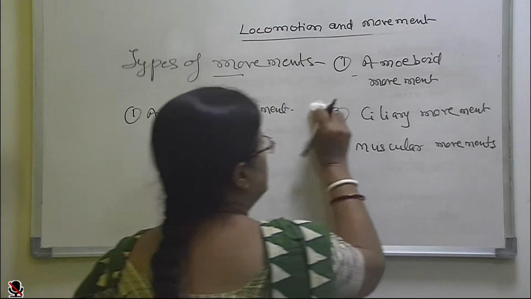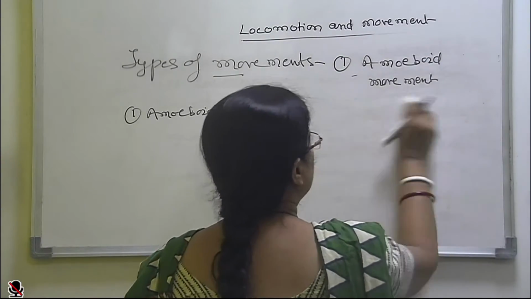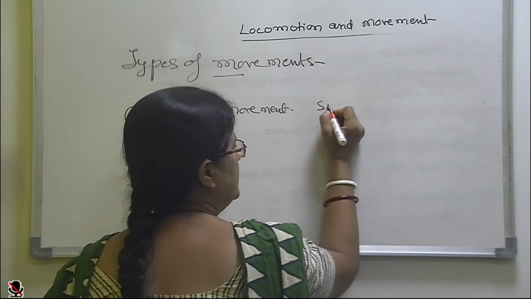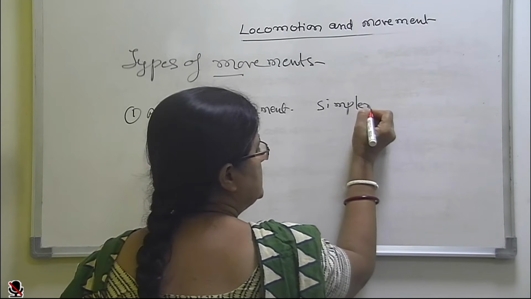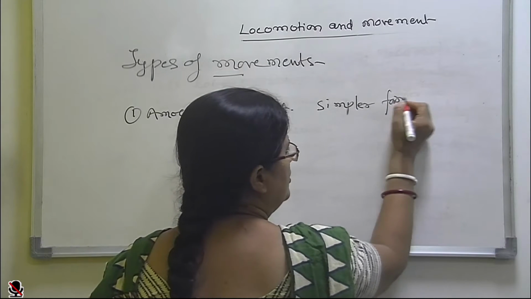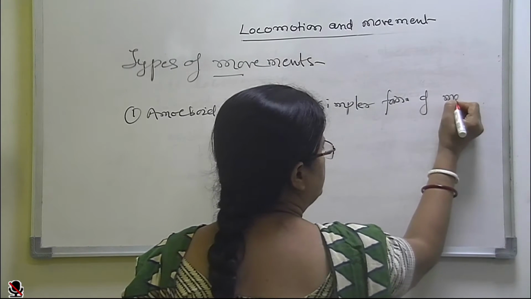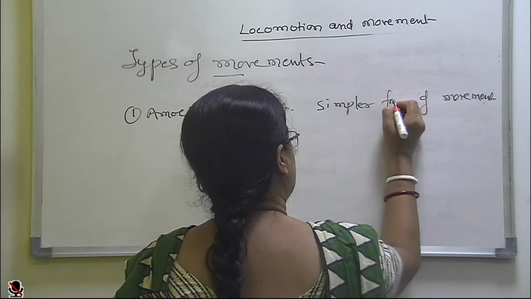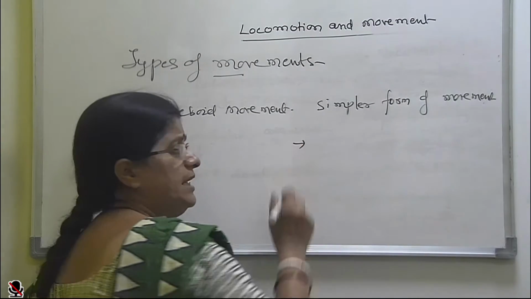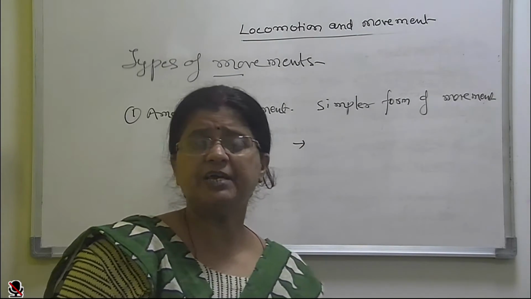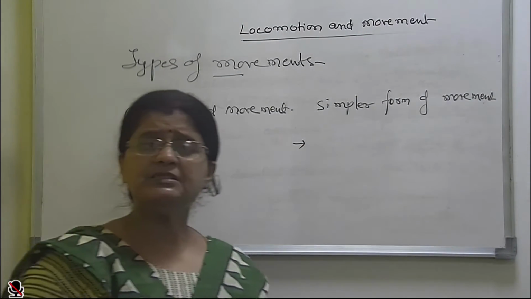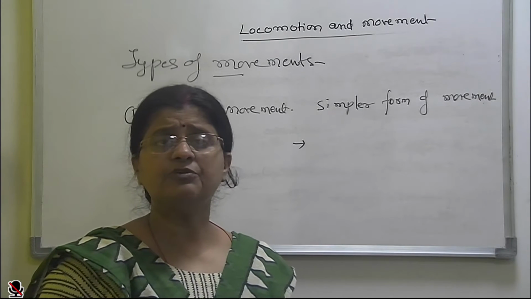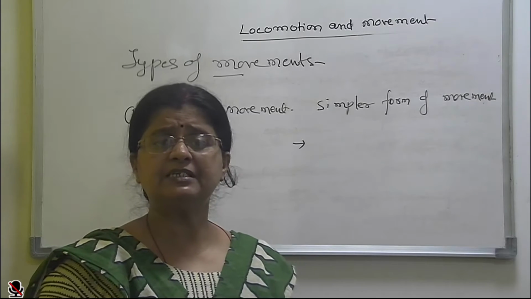Amoeba is a unicellular organism, right? And the movement here is of simpler form of movement, right? And this is mainly because of the streaming movement of protoplasm and cytoskeleton. Cytoskeleton is formed by microfilaments, etc., isn't it?